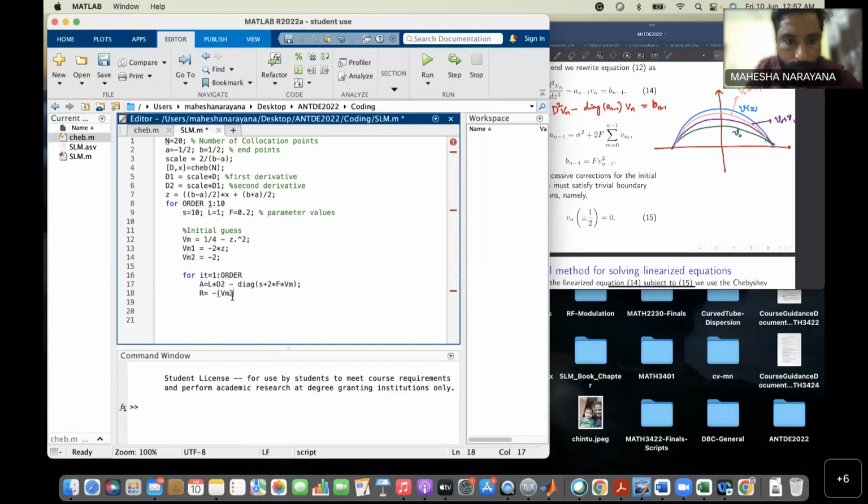L times VM2 minus what else we have, negative S times Vm.